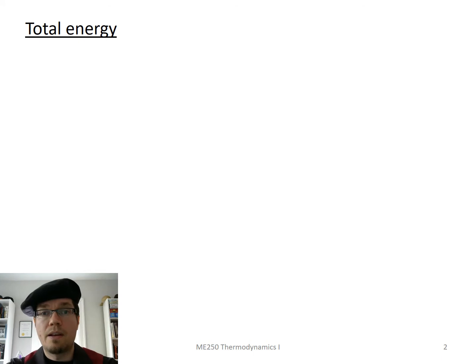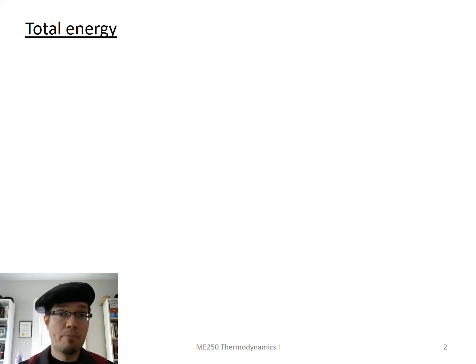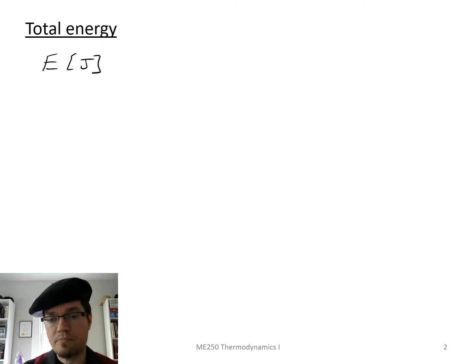One last little bit to remember from our previous lecture is about energy and energy balances, and it's about total energy. So the total amount of energy in a system is going to be expressed as E, measured in joules, and it's going to be made up of kinetic energy and potential energy and internal energy.